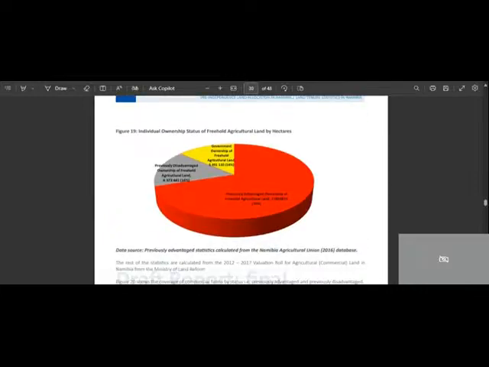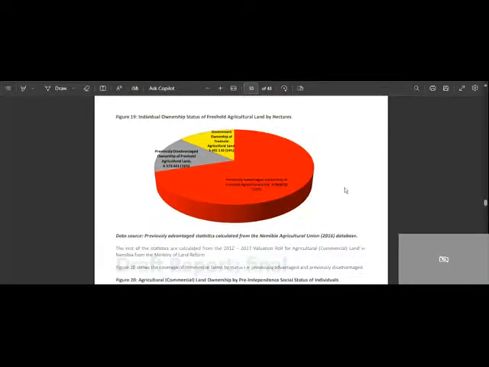So now, this is the part I want to show you. The government ownership of the agricultural land is only 5.4 million hectares, 14% of the commercial land.